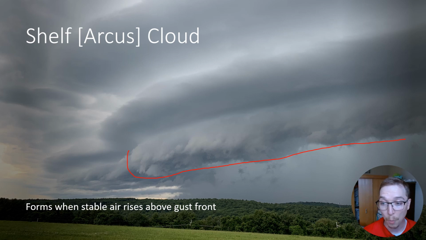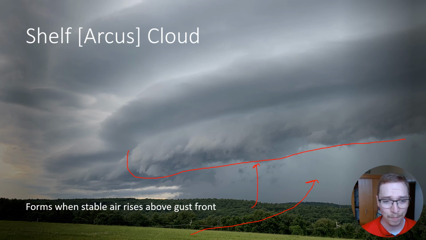Remember, this is usually a big low pressure system, so winds are rushing in. So there's a lot of wind. There's a big gust, right? That gust front is what we would call the leading edge of the storm. So this shelf cloud forms when stable air is rising above that gust front.